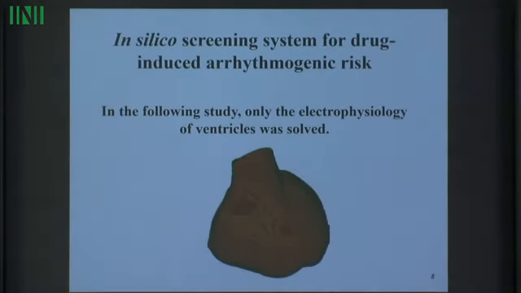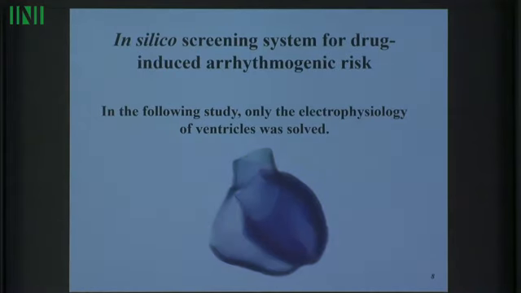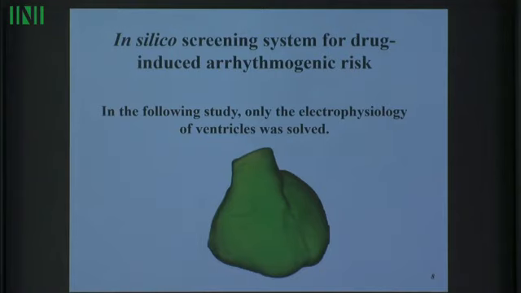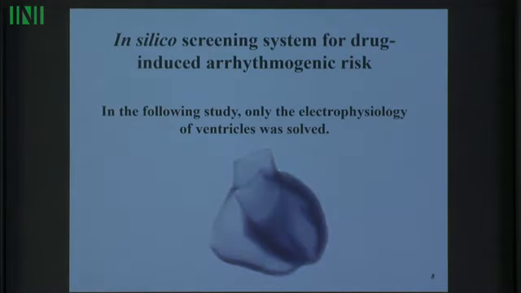Using this model, we developed the in silico screening system for the drug-induced arrhythmia. In the following study, only the electrophysiology of ventricles was solved just because saving the computational burden.